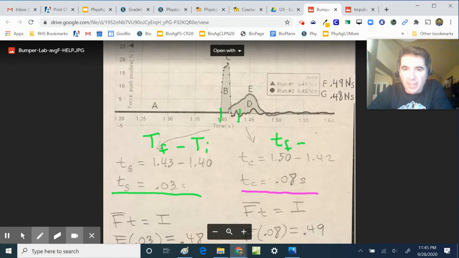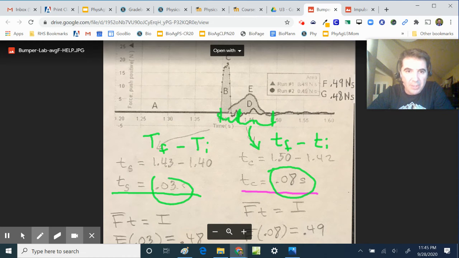T final minus t initial. And so 1.5 is right there, 1.42 is over there, and so this length here turns out to be about this much time passing, which is a greater amount of time than this time here, which is about 0.03 seconds passing. Okay, that gives us the time frame.